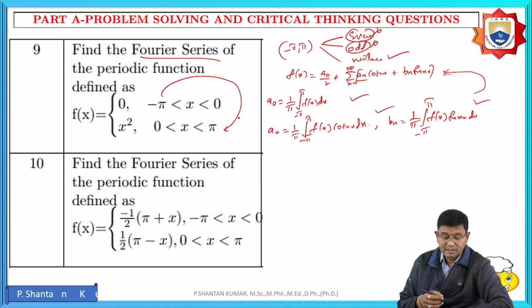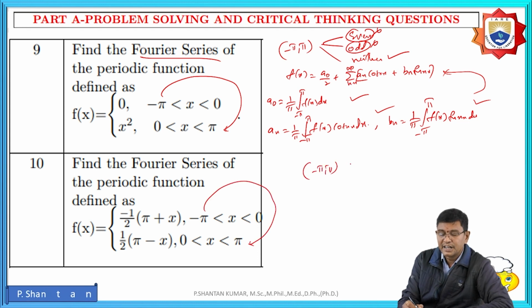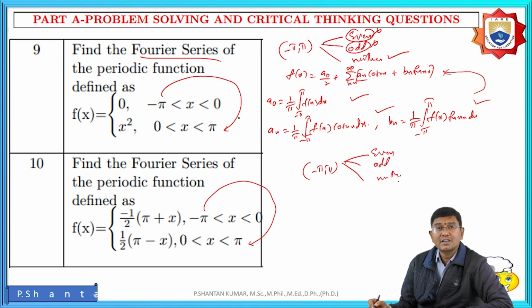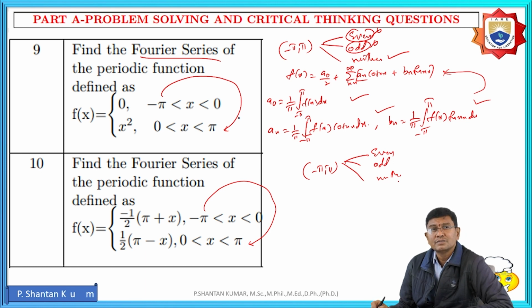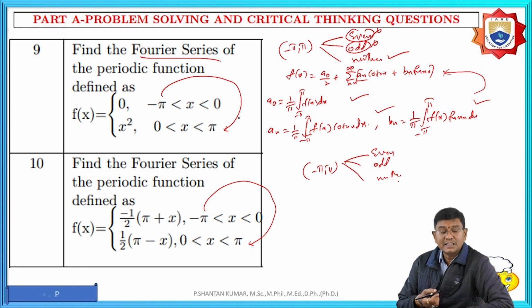And next one, find the Fourier series of the periodic function. Here also the limits are minus pi, pi. We need to check whether the function is even, odd, or neither. Moreover, the function does not satisfy the even function or the odd function conditions. Therefore, the function is neither.